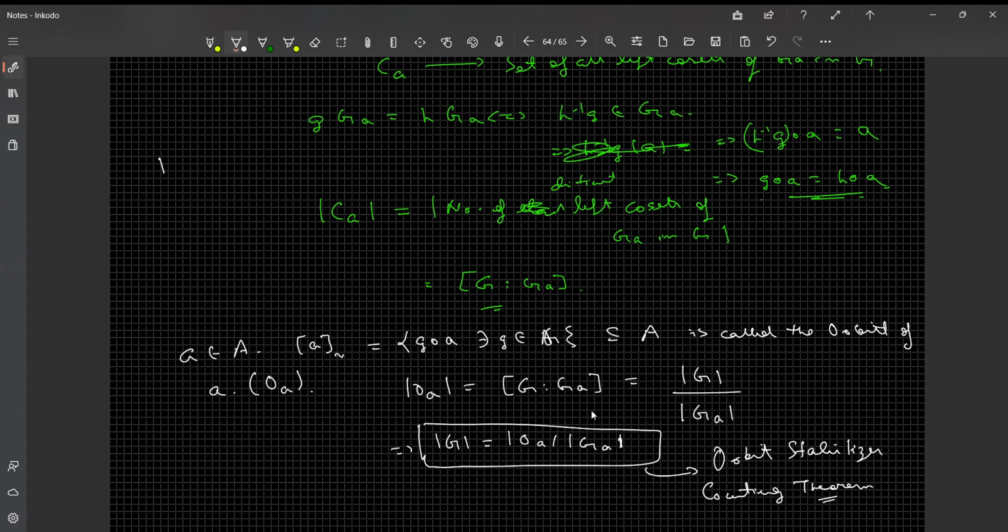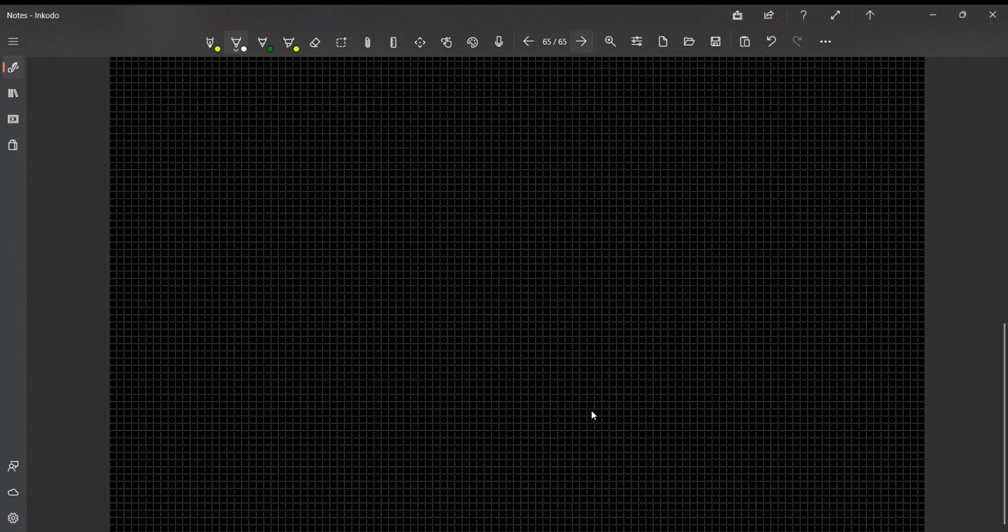Yeah. So let us first define a few important terminologies related to group theory, which are the centers, centralizers, and the normalizers. So definition.